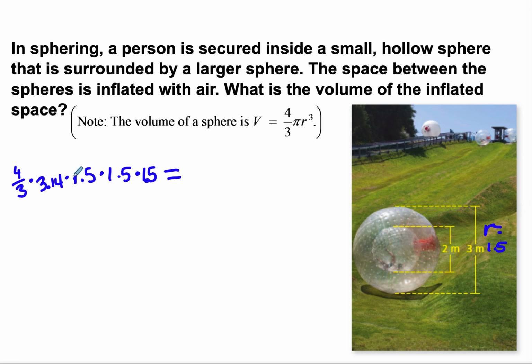All right. There we go. Okay, so now I'm going to go ahead and multiply. So I'm doing 4 divided by 3 for the 4/3 times 3.14 times 1.5 times 1.5 times 1.5. And I get 14 13/100.